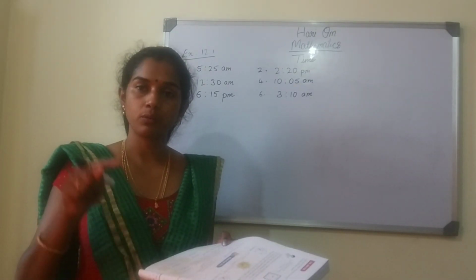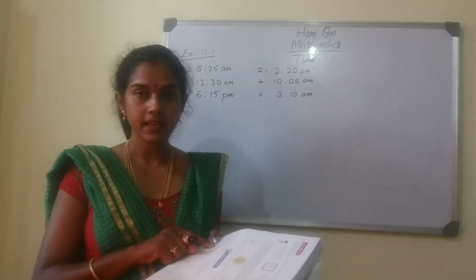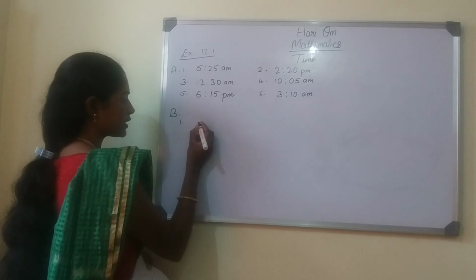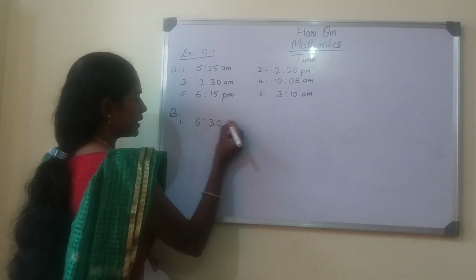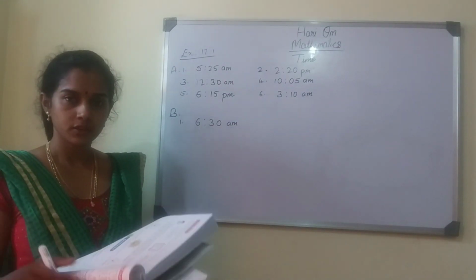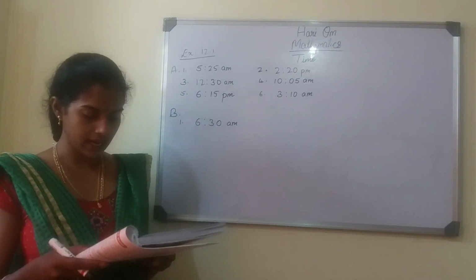Only 7 o'clock 1 hour before will be 6. So 6 o'clock 30 minutes and the same AM. Understood children? So 7 o'clock 30 minutes becomes 6 o'clock 30 minutes AM.